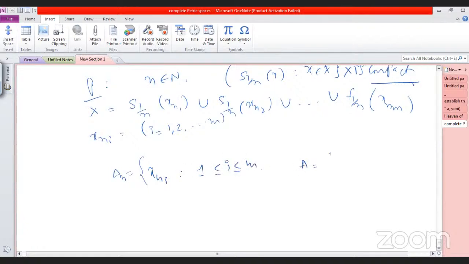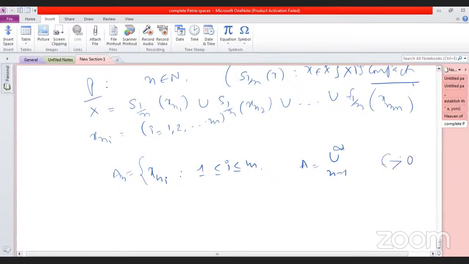So therefore A is equal to the union over n from 1 to infinity. Is the union over n from 1 to infinity a countable set or uncountable set? Countable set, sir.